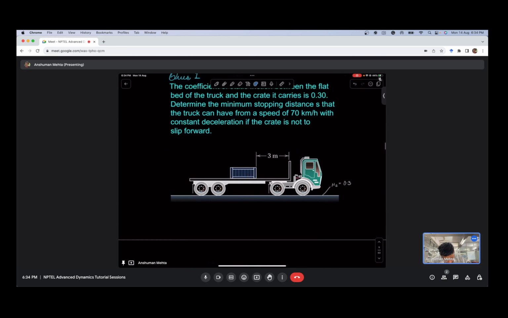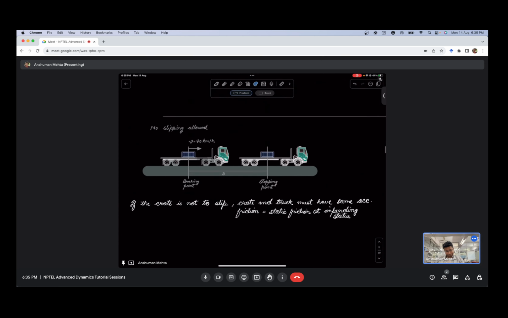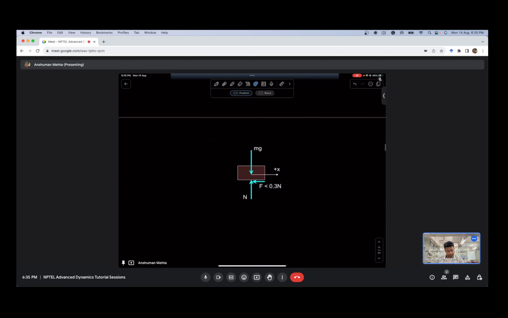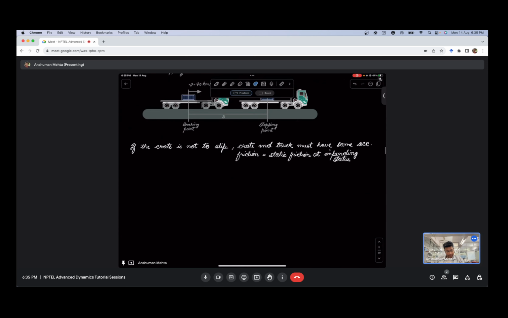This is not mu s here, it is actually mu s here. So now we have to find the minimum stopping distance.